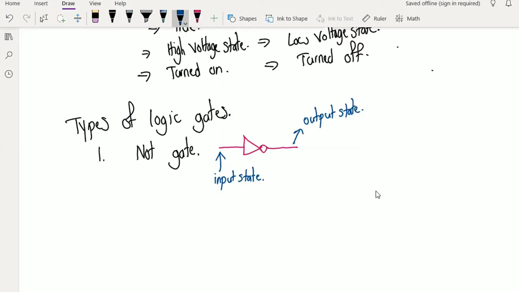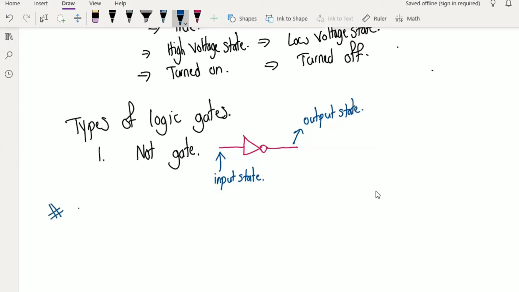To know the possible combinations and the outcome of the output state, we're going to have to construct something known as a truth table. To know how many possibilities are in that truth table, we will use a formula.